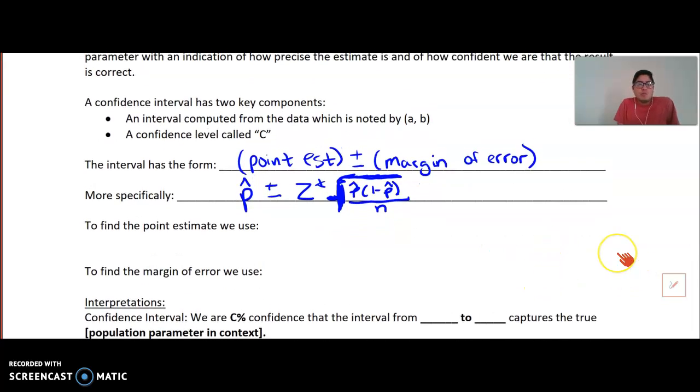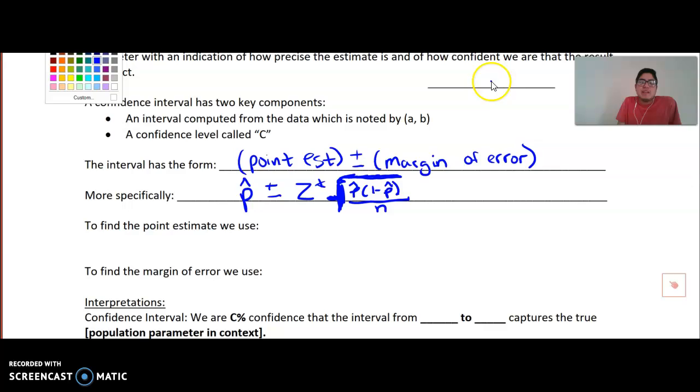And so you can really imagine that our confidence interval, and why is my cursor not moving? Okay, there we go. So a confidence interval is essentially this idea here. So you have a line, and perhaps the p hat is somewhere, here's our p. That is the parameter that we're estimating.